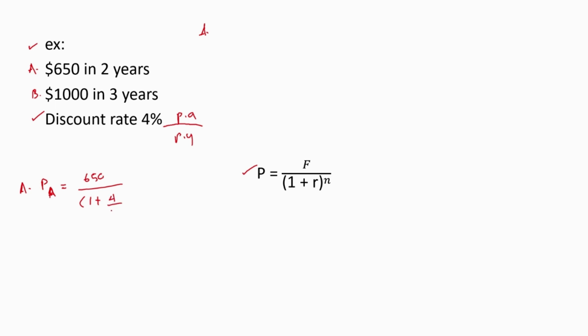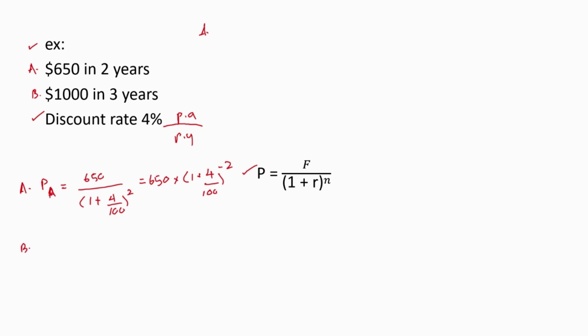Then to the power of n, where n is the number of years, so this will be 2. This is the same as 650 multiplied by (1 plus 4 over 100) to the power of minus 2. This will give you the same answer.